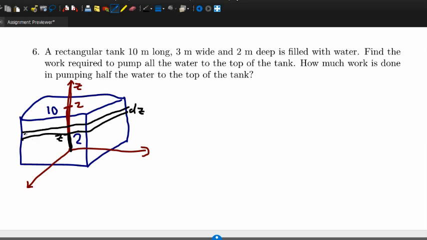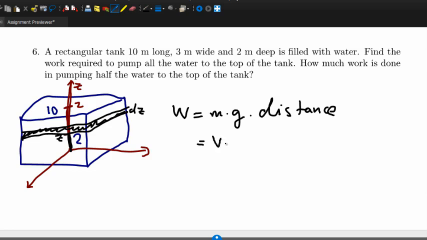So I want to compute how much work I need to pump this much water out of the tank. So how do I find work? Work will be, for this slice, mass times g times distance, right? But how do I find mass? Mass will be volume times density, and I have to multiply everything by g and the distance.